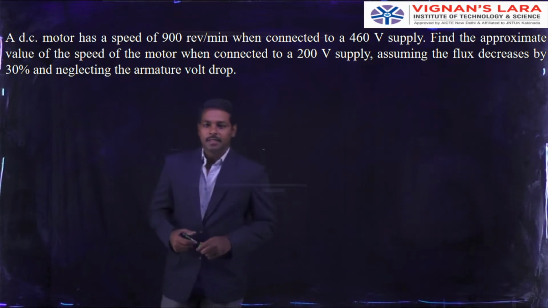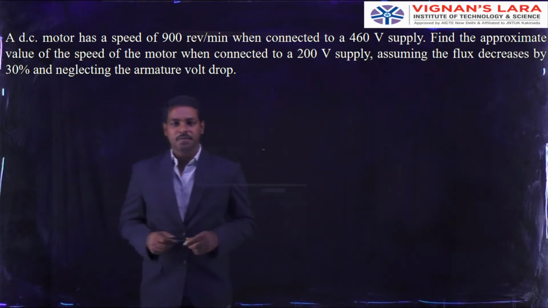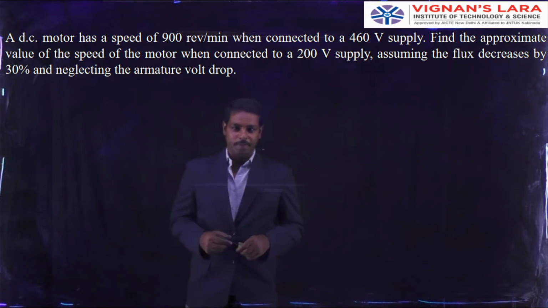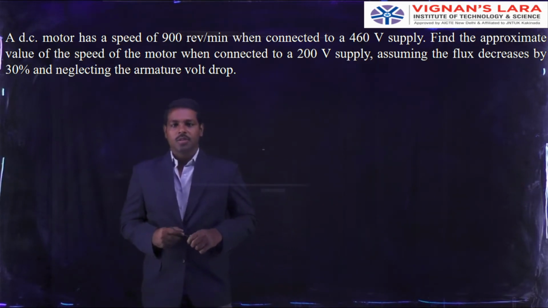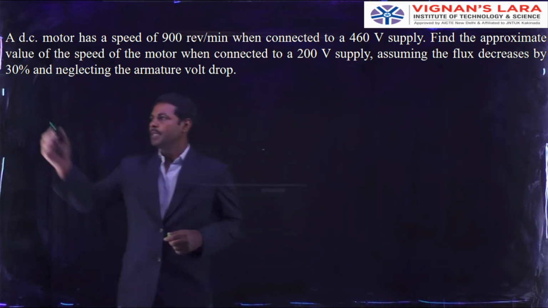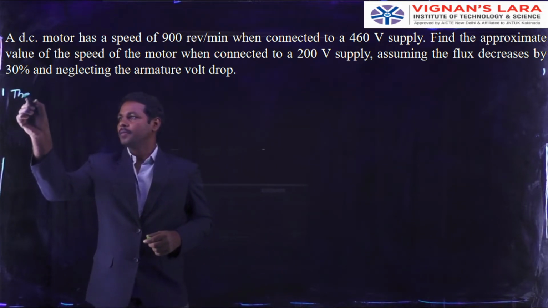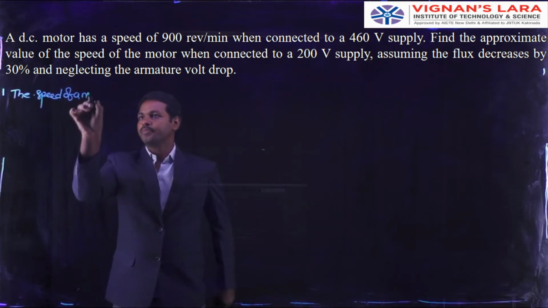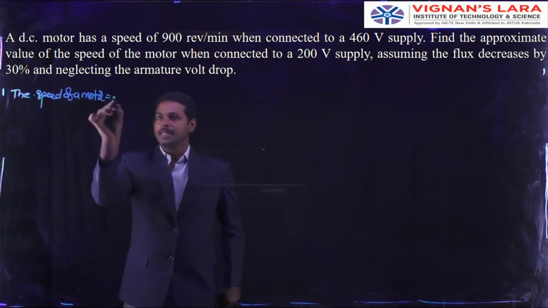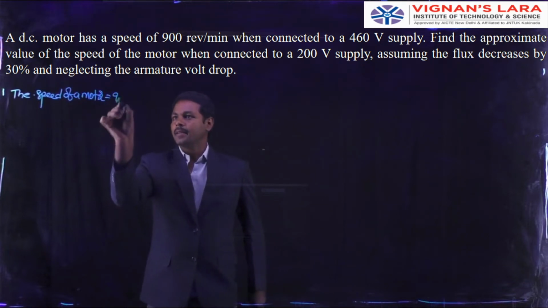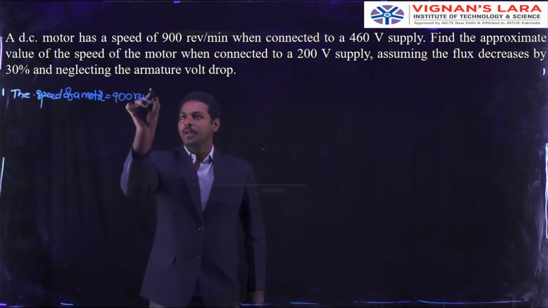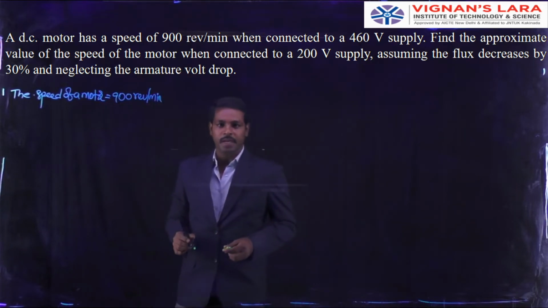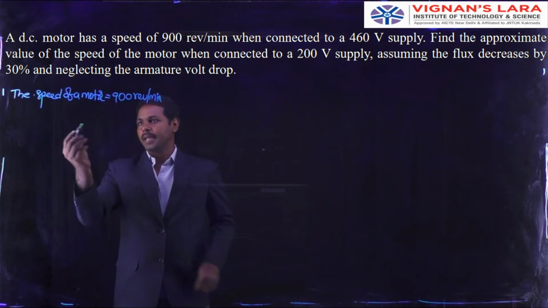So the second one is a DC motor that has a speed of 900 revolutions per minute when connected to a 460 volts supply. So the speed of the motor is equal to 900 revolutions per minute, which is connected to the supply.